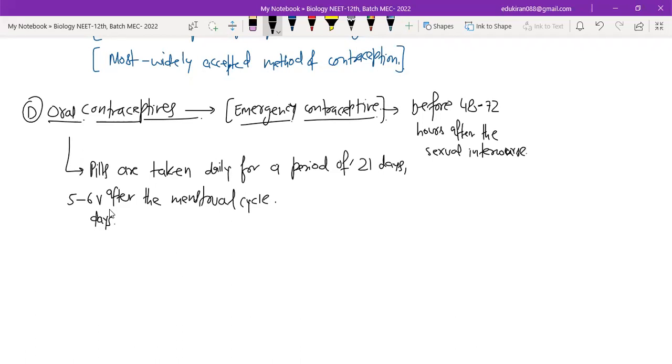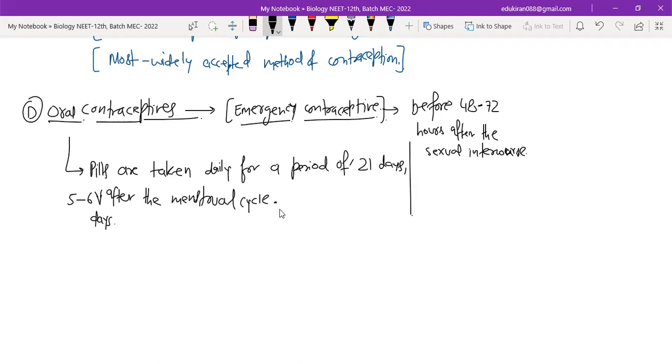But after that, you need to keep taking a pill. Just to tell you, in all these 21 days, the female is not taking a pill which contains a chemical every time. It is just that one pill can work for around 2 to 3 days, but it is a habit. You have to take a pill every day.